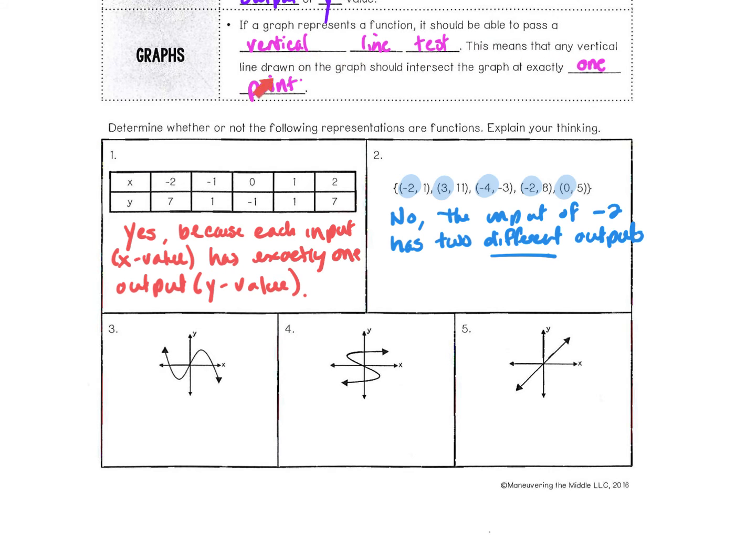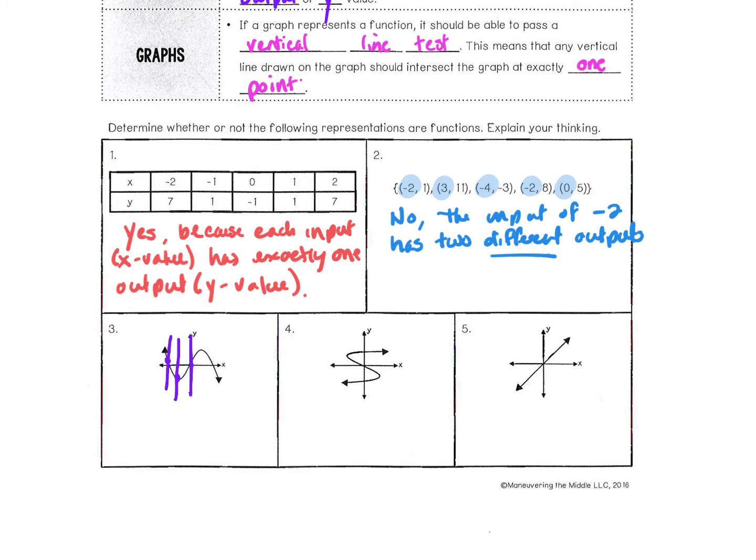It means that any vertical line drawn on the graph should intersect the graph at exactly one point. So when we do the vertical line test, we would be dropping several vertical lines, and this one hits the graphed figure here. This one hits the graphed figure here.